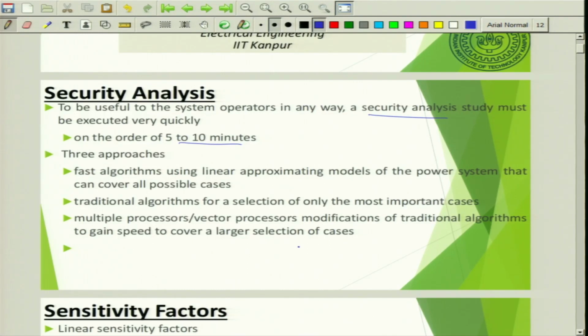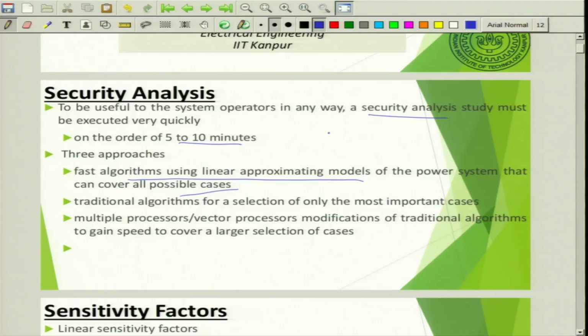One is the use of fast algorithms using linear approximating models of the power system that can cover all possible cases. We know some of the fast computing algorithms, like the fast decoupled method. In the fast decoupled method, we assume the X by R ratio is very high, and we decouple the system: active power is relevant to frequency, reactive power is relevant to voltage, right?